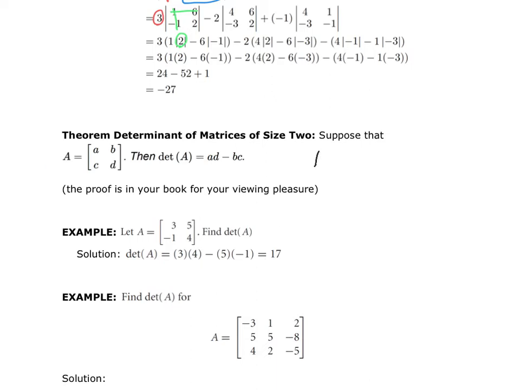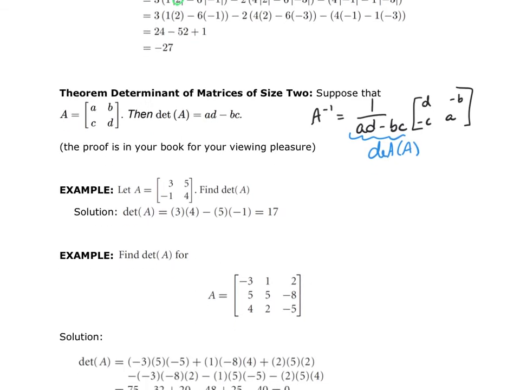Because remember, if we have A inverse, it was 1 over AD minus BC, and there is the determinant of A. When we found the inverse, here is D, A, those switch position, and B and C switch sign. So there is a relationship between the determinant and the inverse, and we're going to talk about that.